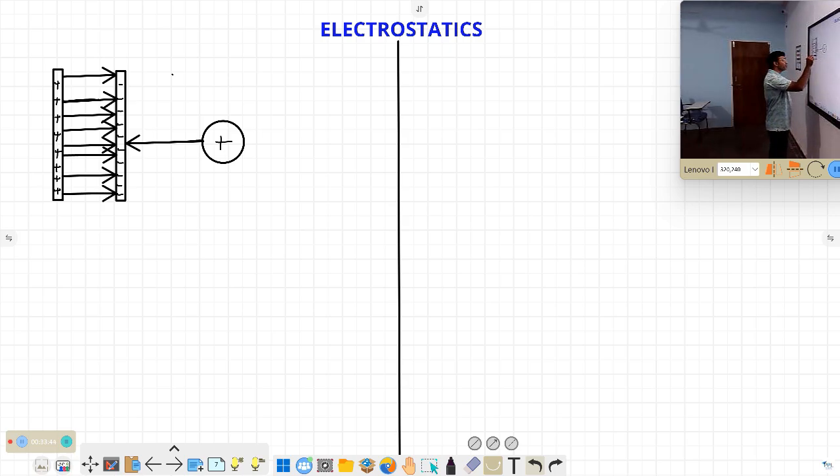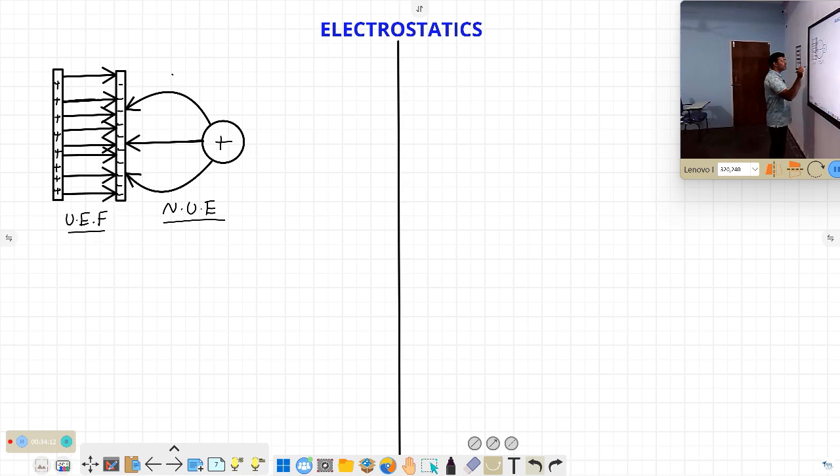You can see the curved lines start from positive and end at negative, and these are the lines of forces. So we can draw the electric lines of forces like this. I am taking only a few lines. This is an example of a non-uniform electric field. The earlier one is an example of a uniform electric field.